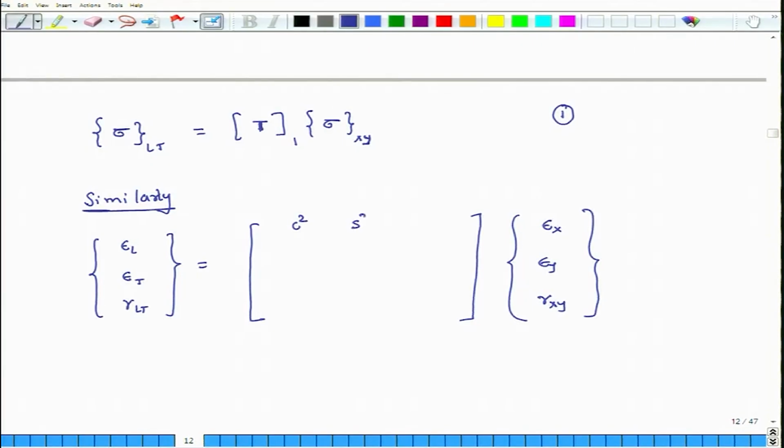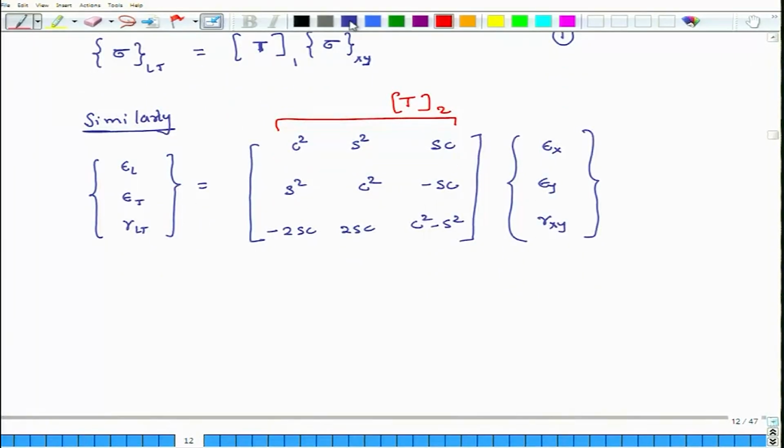C square, S square, SC, minus SC, C square minus S square, C square, S square, minus 2SC, 2SC. So, this is there, and this I call it as T2.